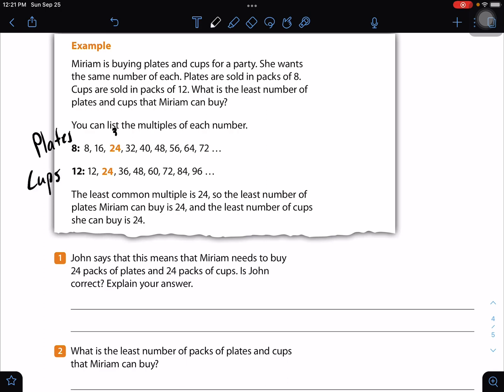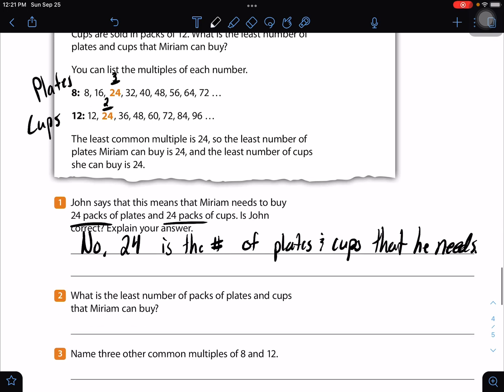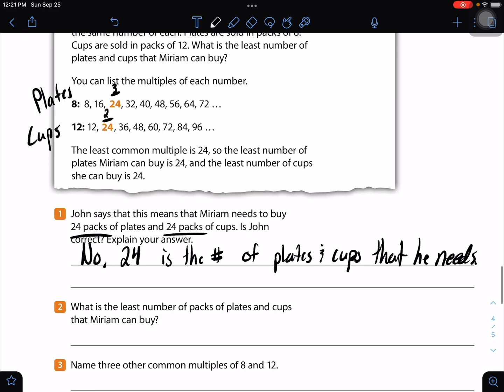He only needs 3 packs of plates and 2 packs of 12, not 24. No. 24 is the number of plates and cups that he needs, not how many packs he needs.